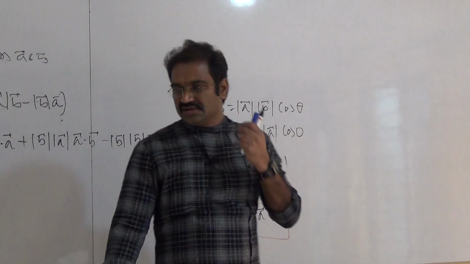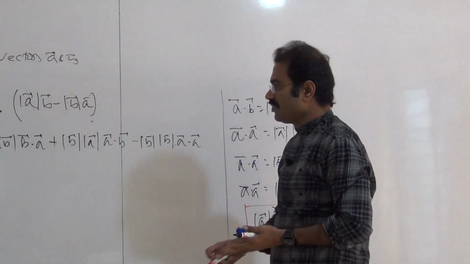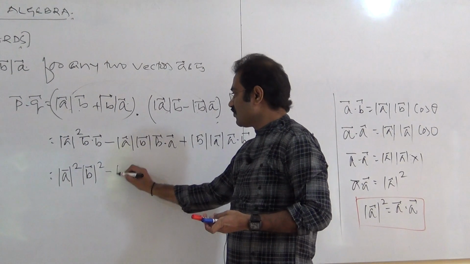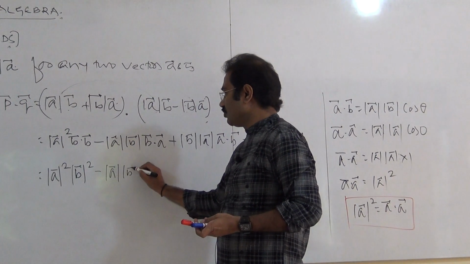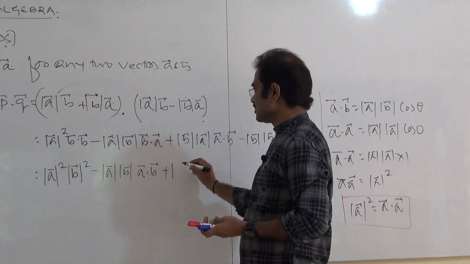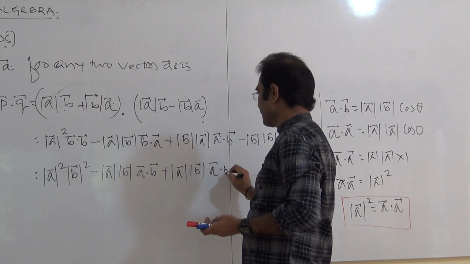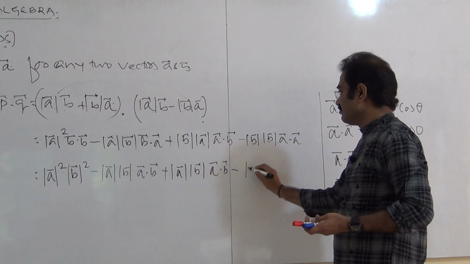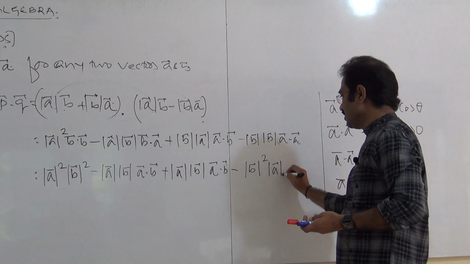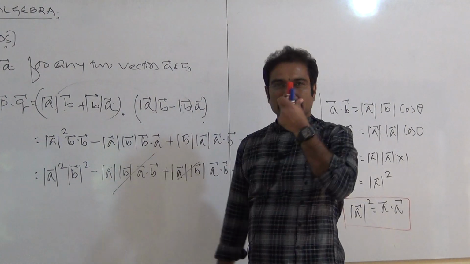A dot A is equal to magnitude of A into magnitude of A. Therefore, B dot B is equal to magnitude of B into magnitude of B, minus A dot B, plus A dot B, minus magnitude of B square, A dot A, magnitude of A square, and you can cancel these two because they are equal.